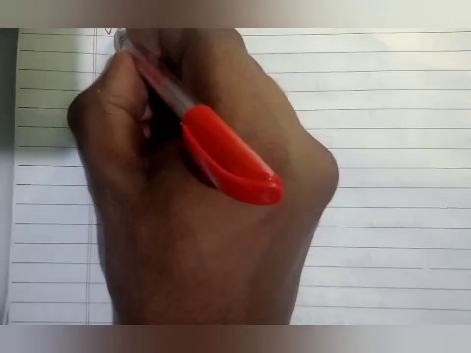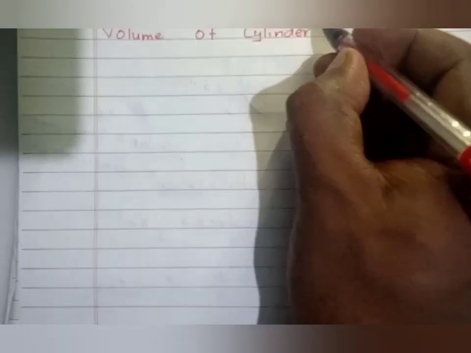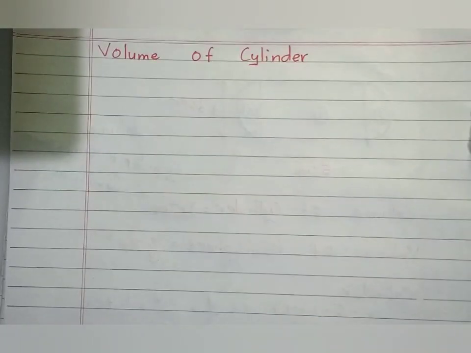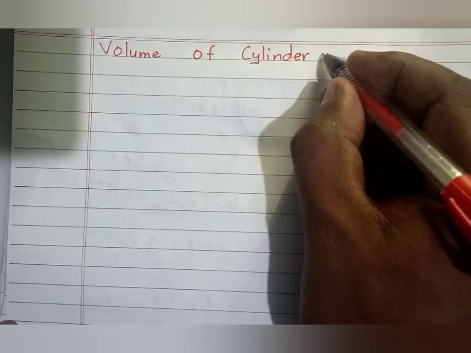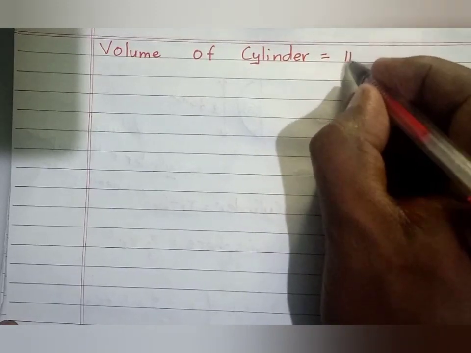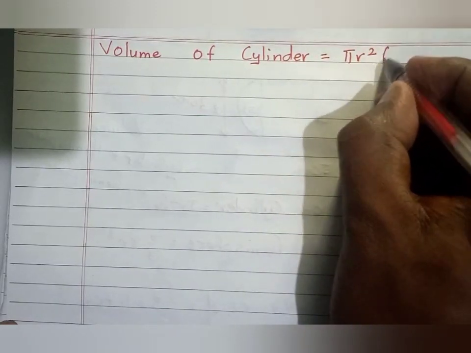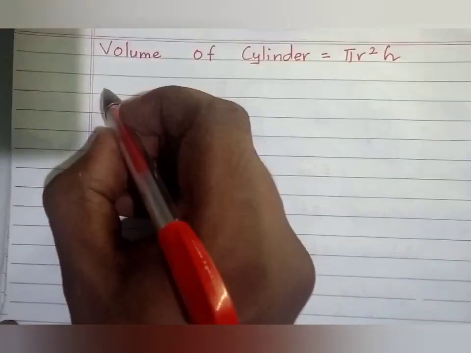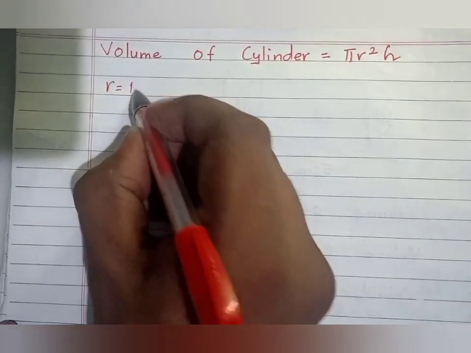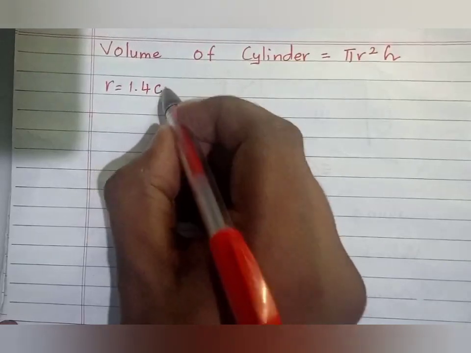Now the first part, volume of cylinder. What is volume of cylinder? Pi r square h. Now what is radius? 1.4 centimeter.